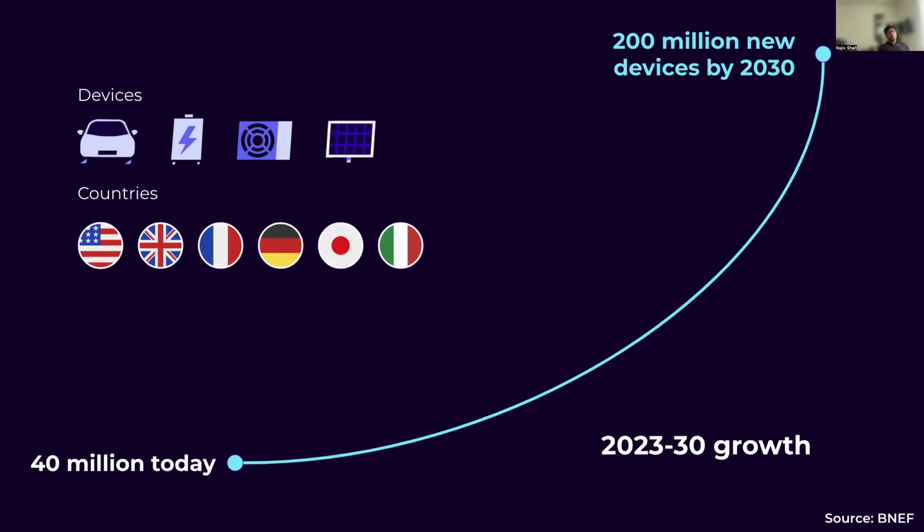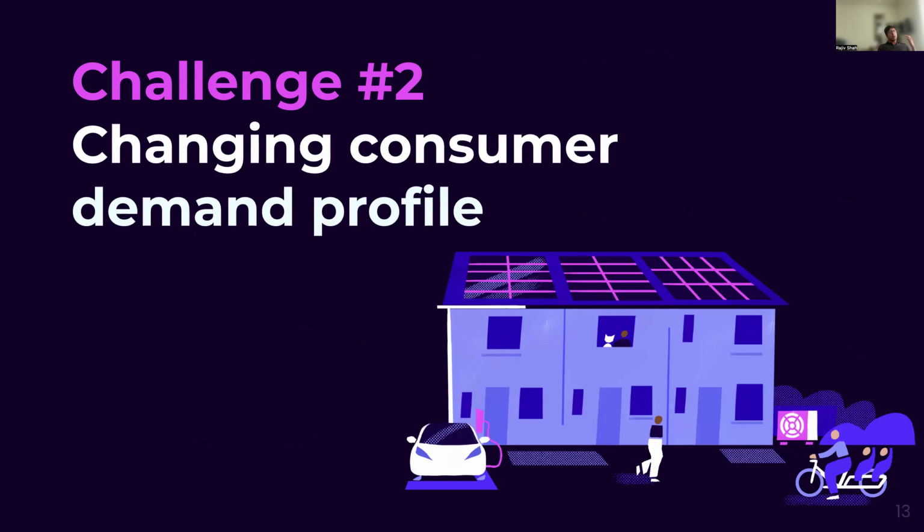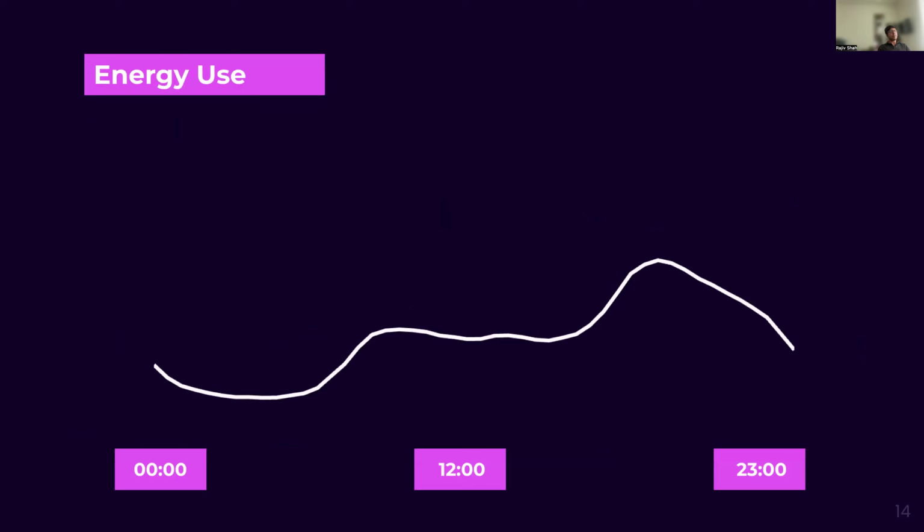And so, alongside that leads into the second challenge here, which is a changing consumer demand profile. For decades, this has been the residential household customer's load shape. And you know, this is nothing new for most of the folks on the call.